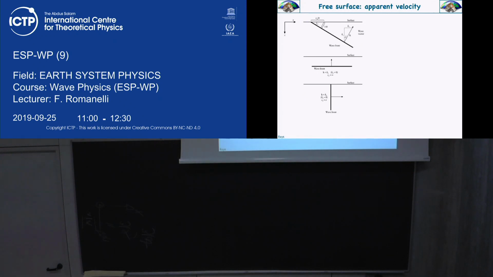Now, this vector is creating an angle with this z-axis, right? And so, also an angle with the free surface. And if you give a look, this angle corresponds to the incidence angle. That by geometry is also the angle between the wavefront and the free surface. Pure geometry.